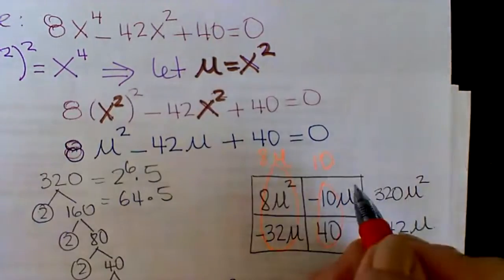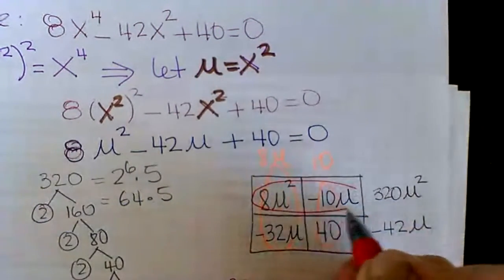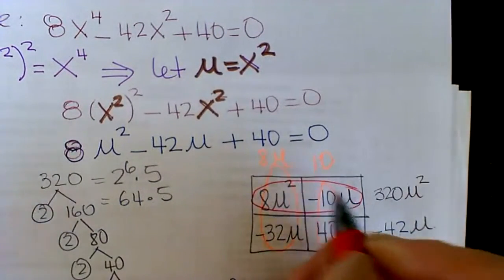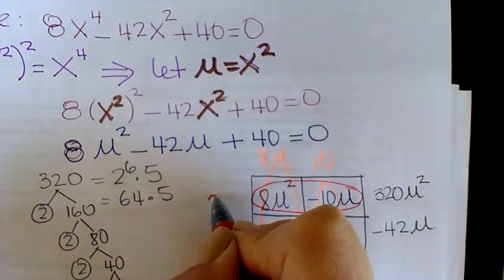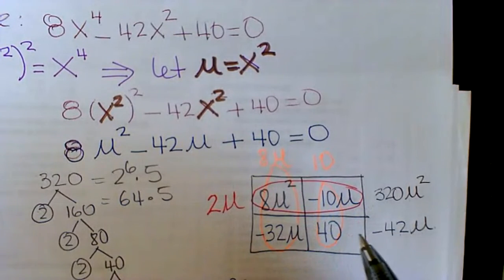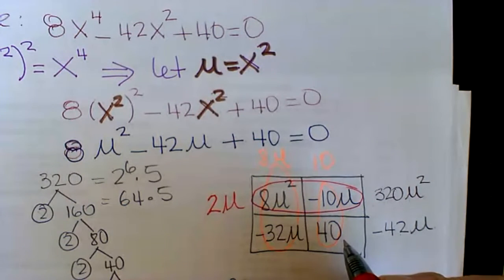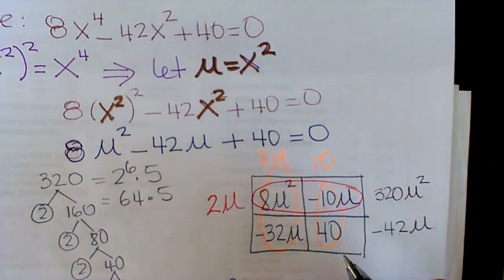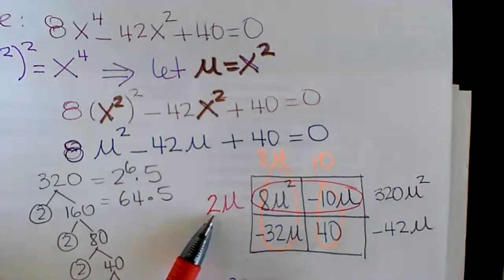Now, let's get this one. This one will be 2u, right? And this one will be 40. 40 is, isn't it this one, 2u?